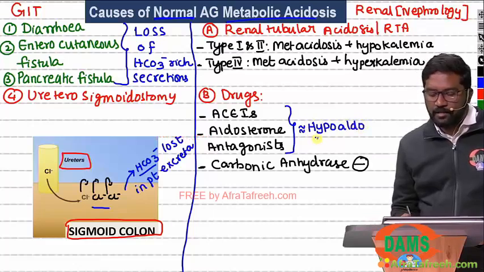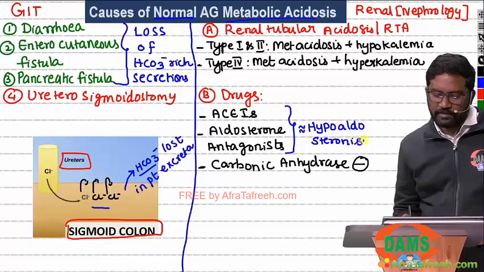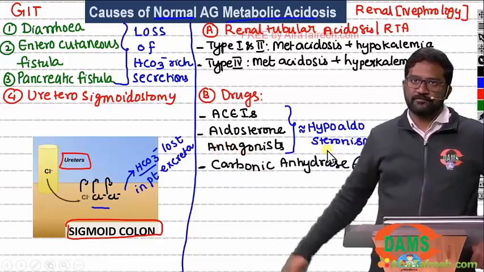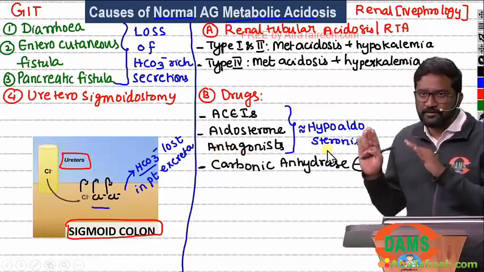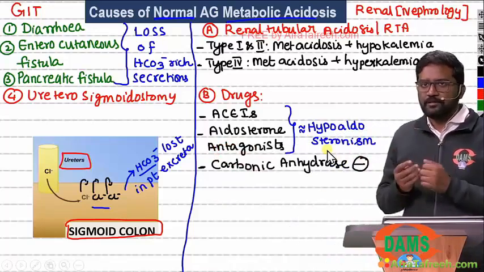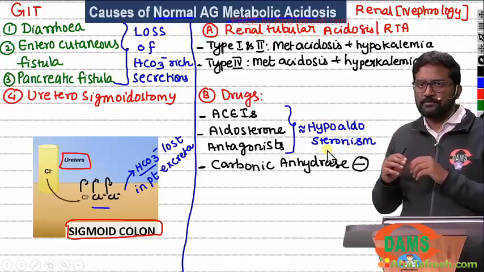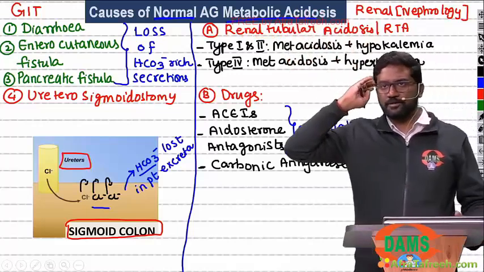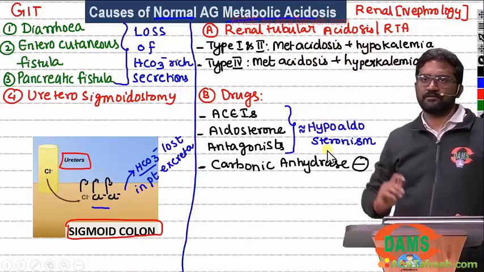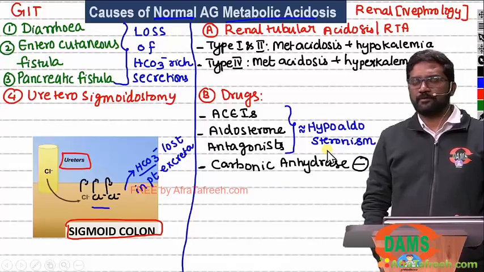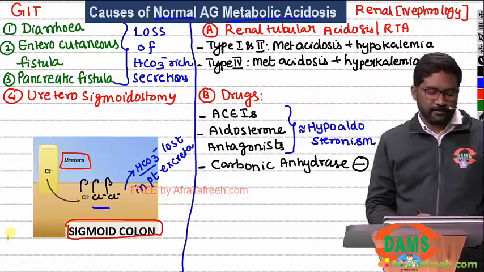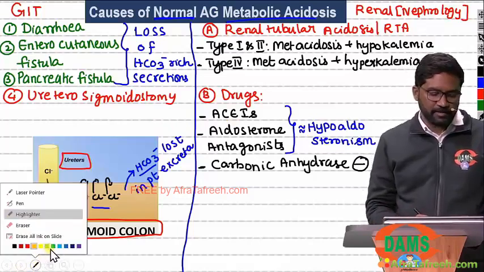hypoaldosteronism. Now what is the function of aldosterone? To take sodium inside the body and to throw out K plus and H plus. Because aldosterone is not acting properly, sodium will not come into the body. So there will be retention of H plus and K plus in the body. If H plus increases, there will be metabolic acidosis. If K plus increases, there will be hyperkalemia.